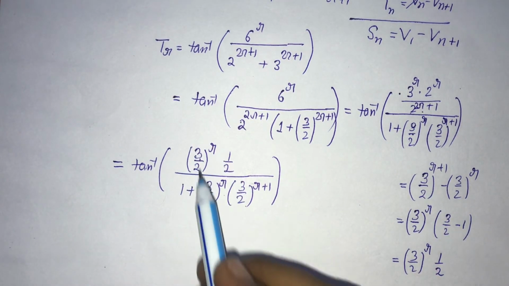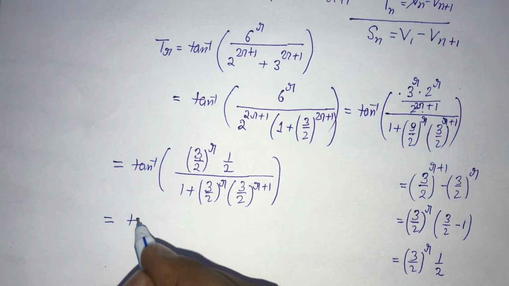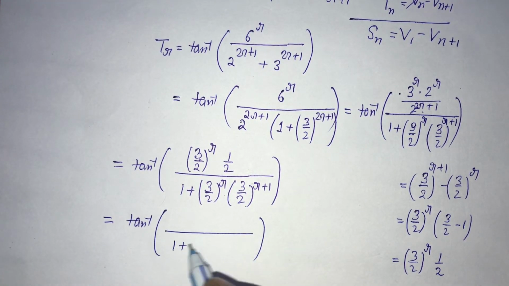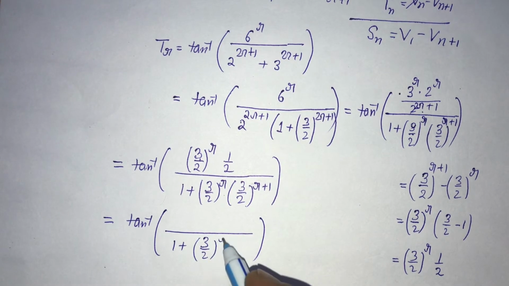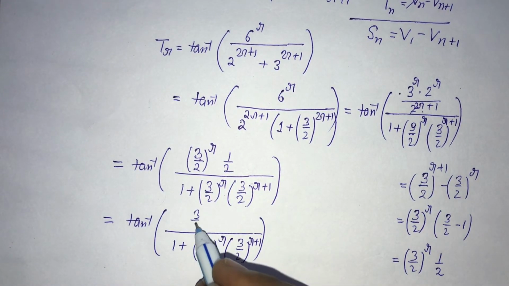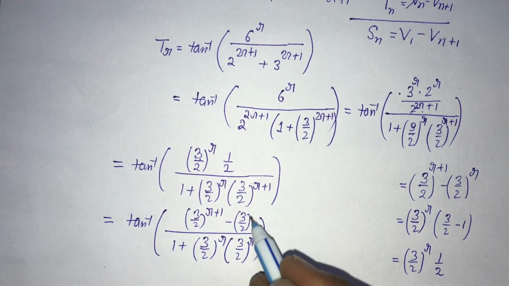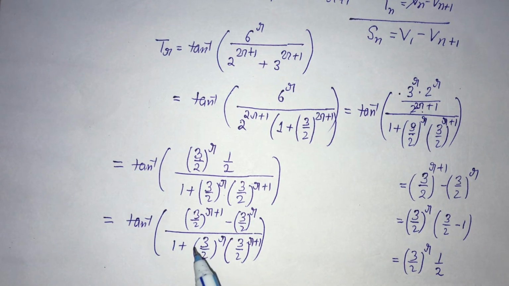So I can write this as tan inverse 1 plus 3 by 2 raised power r into 3 by 2 raised power r plus 1. In numerator this can be written as this: 3 by 2 raised power r plus 1 minus 3 by 2 raised power r. So now this is of the form tan inverse a minus b upon 1 plus ab.